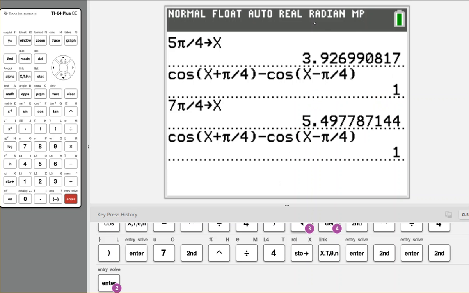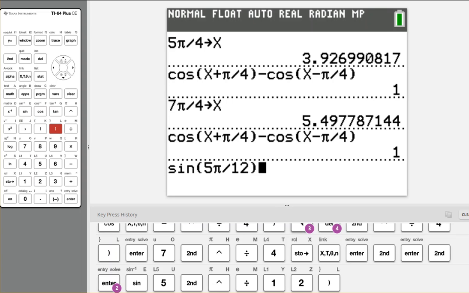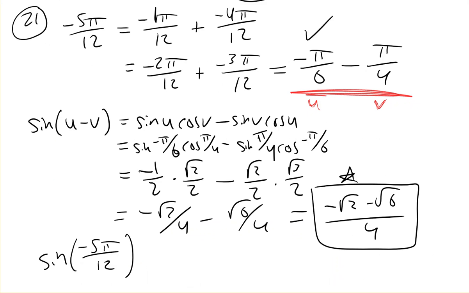And let's do that. I'm in radians. So what is the sine of 5 pi over 12? It's going to give me some weird decimal. Not a big deal.